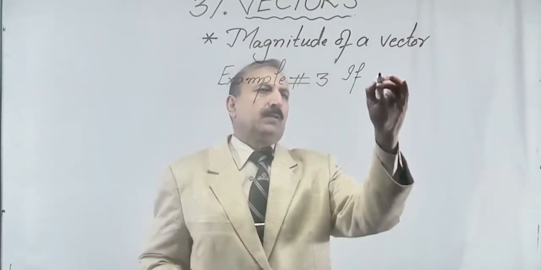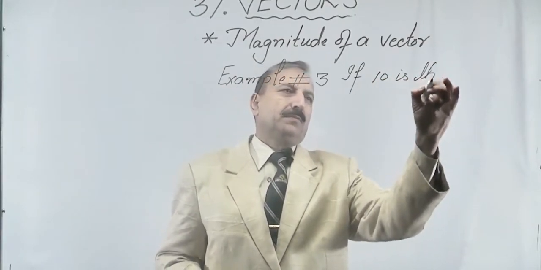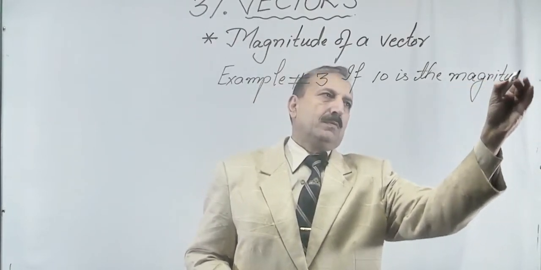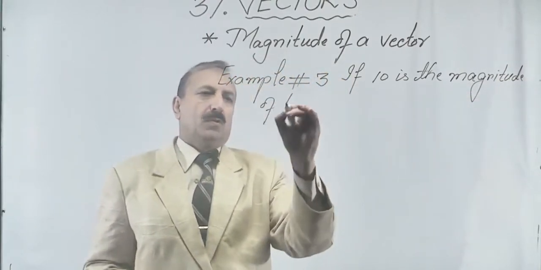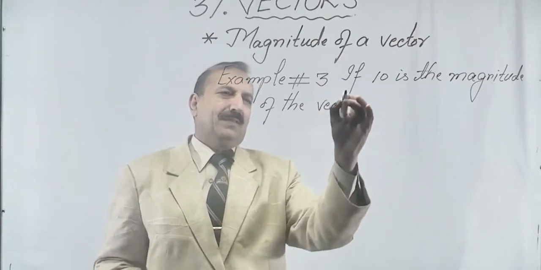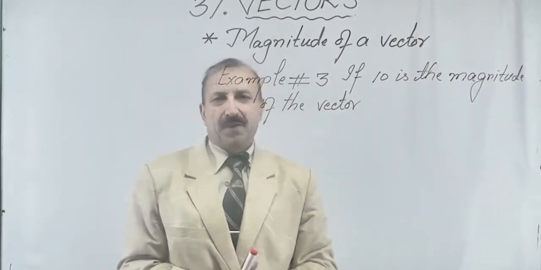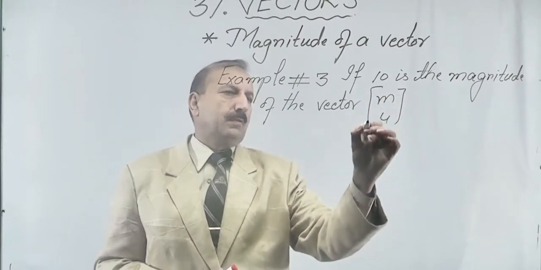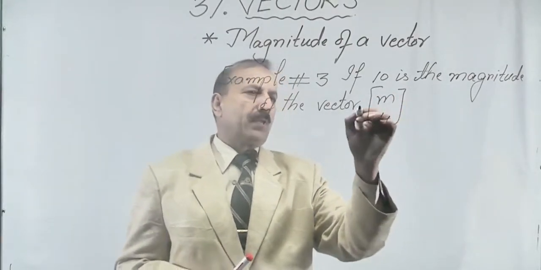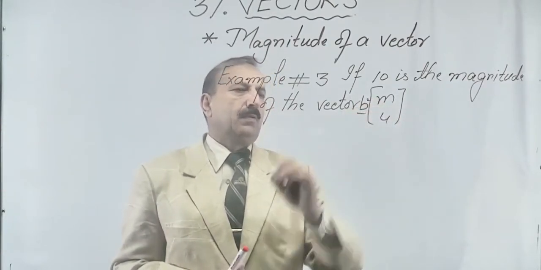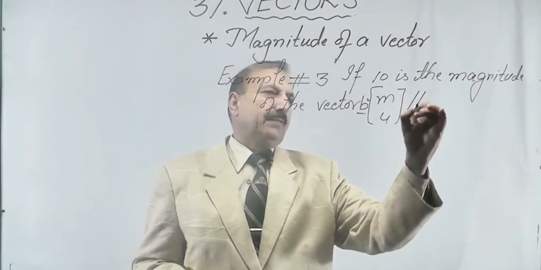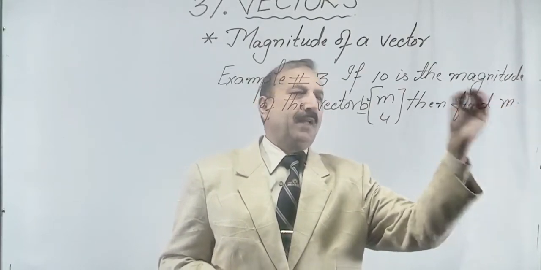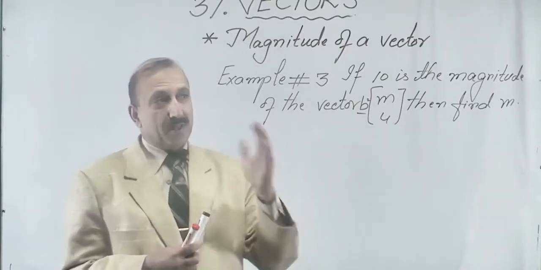If 10 is the magnitude of the vector B, then find m. Clearly we need to understand what is given in the question.